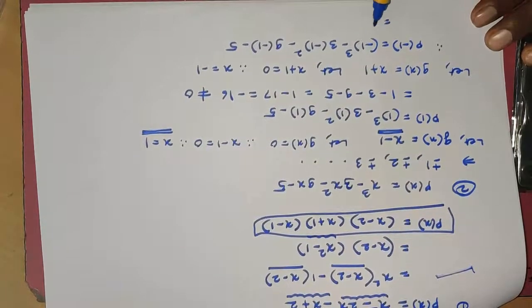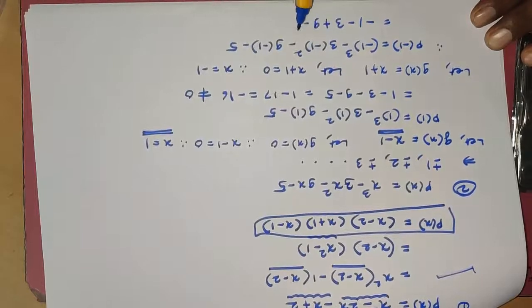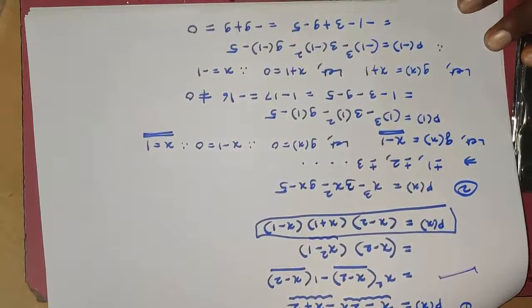Okay, minus 1 cube, minus cube is minus 1, minus 3 into minus 1 square is minus 3, plus 9 minus 5. If I add these minus terms: minus 1 minus 3 minus 5 is minus 9, so minus 9 plus 9, this is equal to 0.